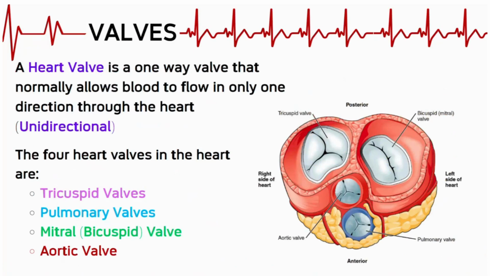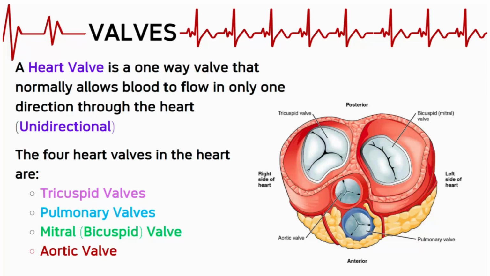Now, very briefly about valves. I know I've already talked about valves earlier in this lesson, but I just wanted to show you this picture and tell you that valves are for the unidirectional flow of blood.